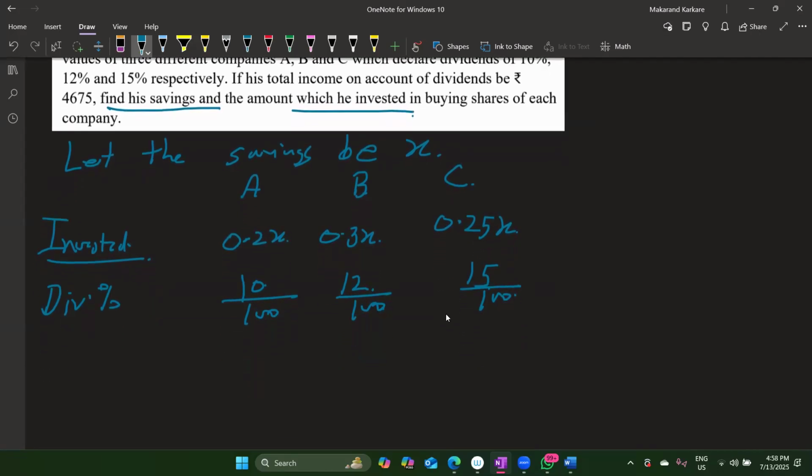So what is his income going to be from the company or dividend from each individual company? 0.2x into 0.1. As far as this one is concerned, this is going to be 0.3x into 0.12. And as far as this one is concerned, it's going to be 0.25x into 0.15. So far, so good.